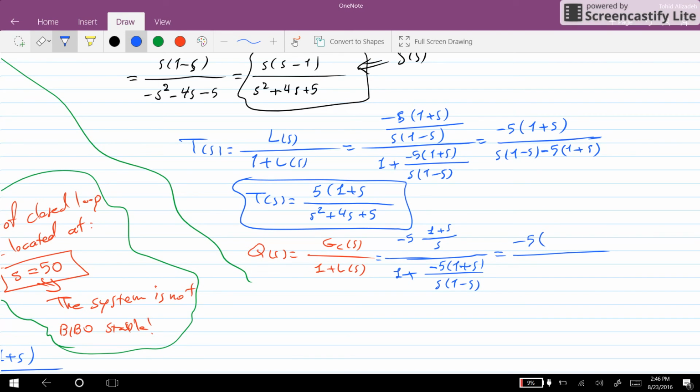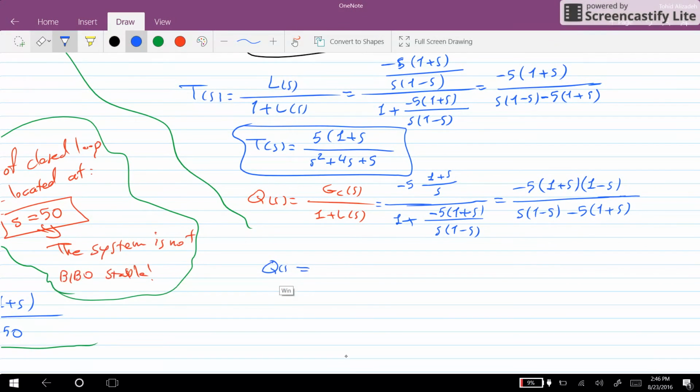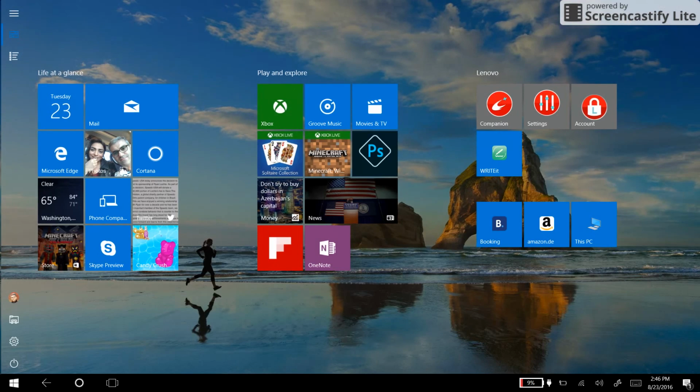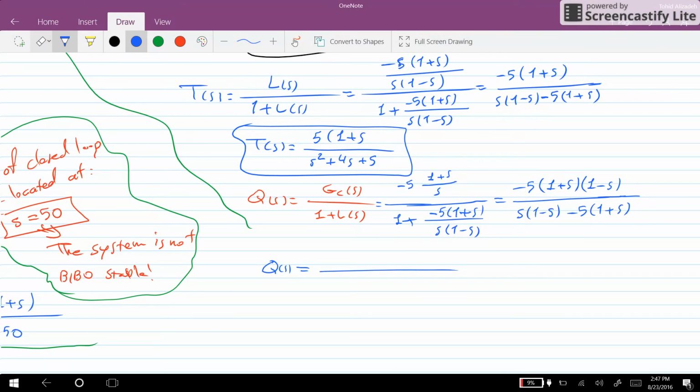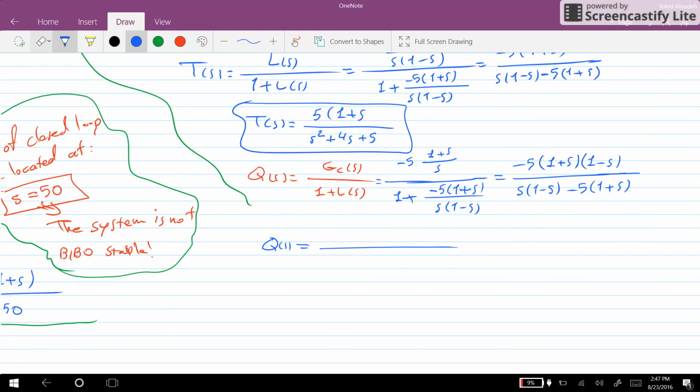We will have minus 5 times 1 plus S times 1 minus S, and at the denominator we will have S times 1 minus S minus 5 times 1 plus S. And simplifying it further, we will get again S squared plus 4S plus 5 at the denominator, and at the numerator we will have 5 times 1 plus S times 1 minus S.